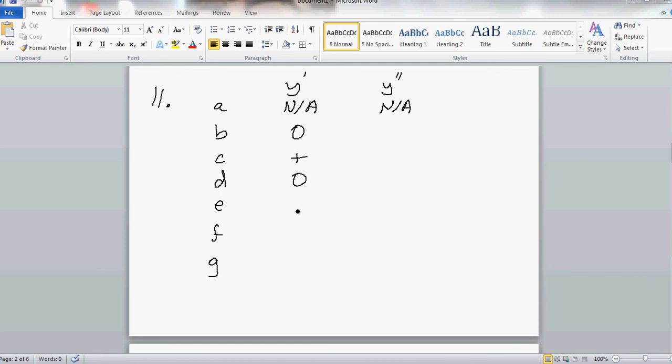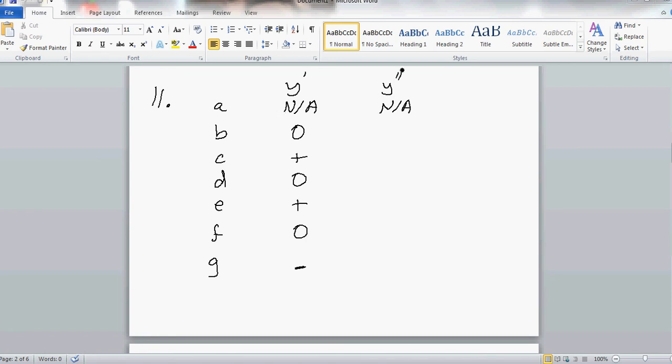At E, we're going positive on the slope, so that becomes positive. At F, since that's a maximum, we have a slope of 0, or the tangent would be a horizontal line. And at G, we're going downwards, so G would be negative. So this explains all of the slopes.